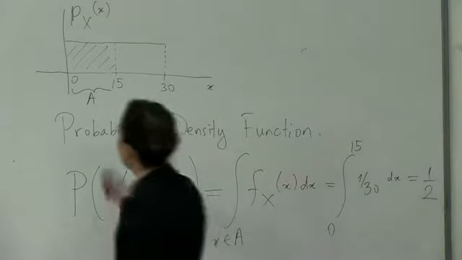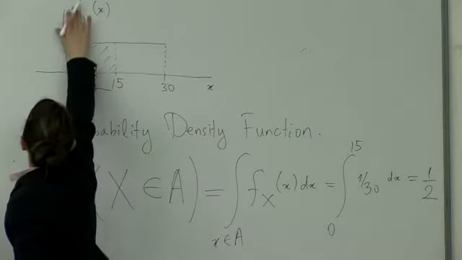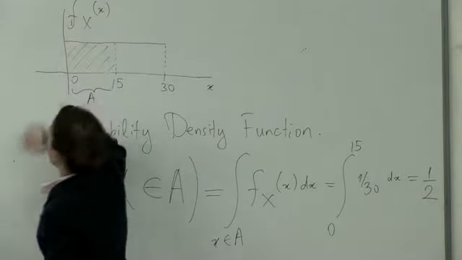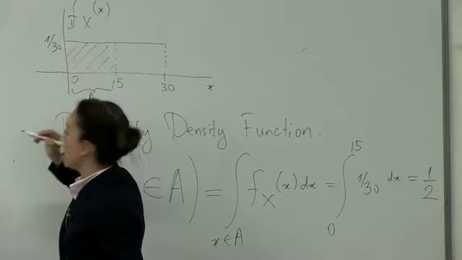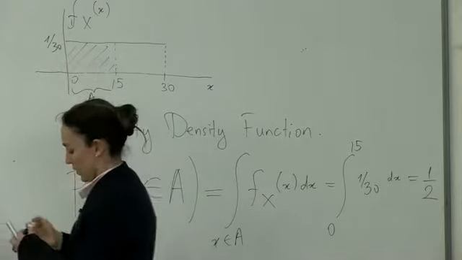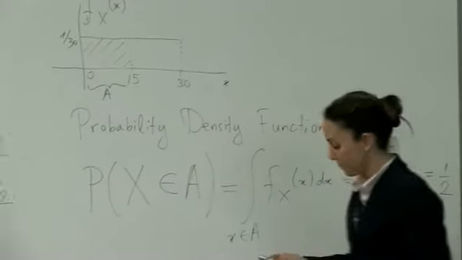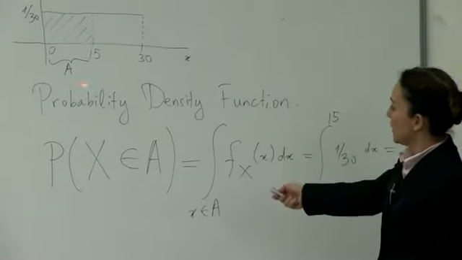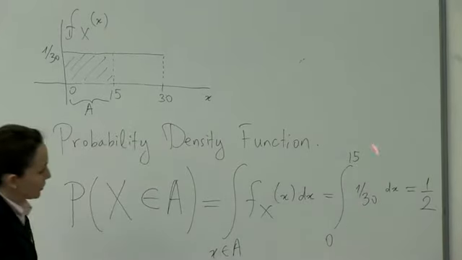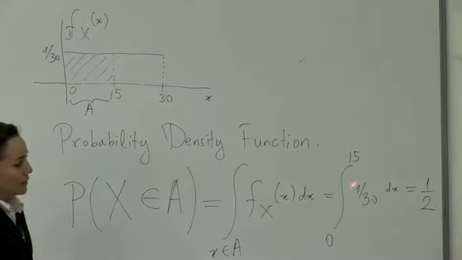Let's call this fx of x. The level here should be 1 over 30 in our example. So let me repeat. We found the probability that x is between 0 to 15 by integrating from 0 to 15 the density function.